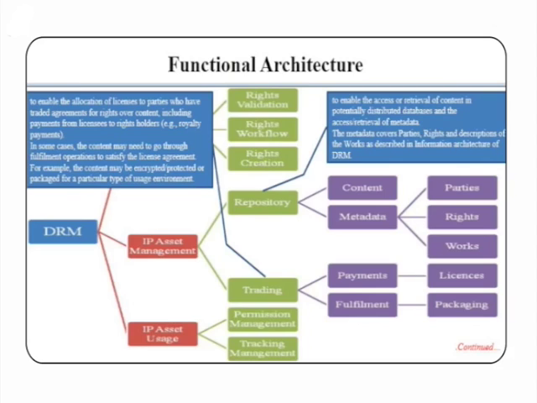This metadata covers parties, rights and description of work as described in the information architecture of the DRM, whereas the trading function enables the allocation of the license to the parties who have traded agreements for rights over the content, including payments from licensee to right holders. In some cases, the content may need to go through fulfillment operations to satisfy the license agreement. For example, the content may be encrypted or protected or packaged for a particular type of usage environment.